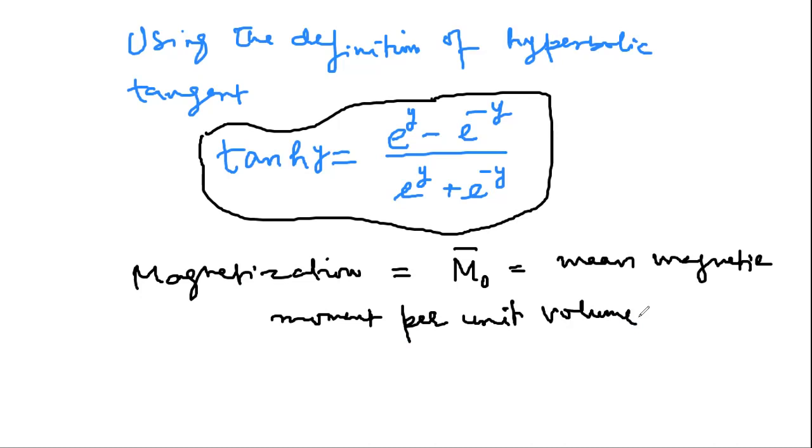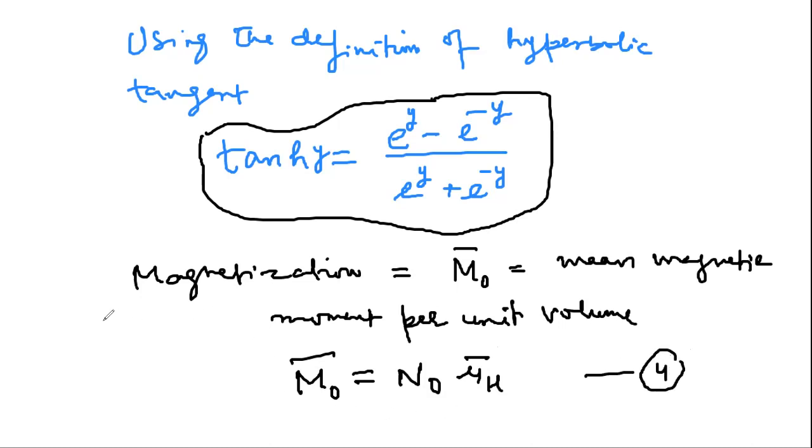So, as its name suggests, M naught bar is equal to n naught times mu h bar. Let me name it 4.